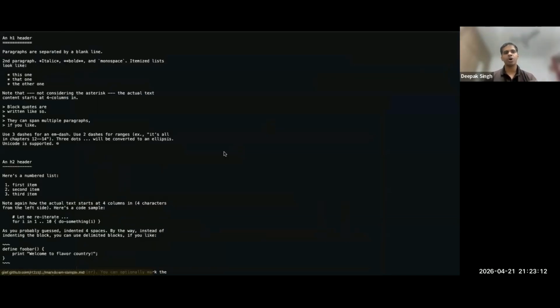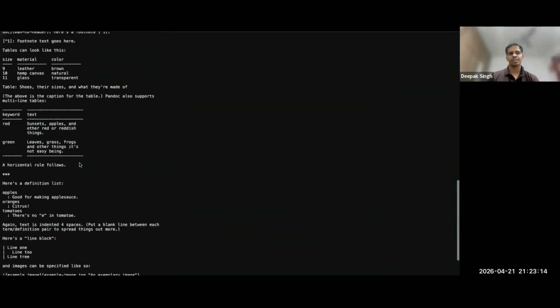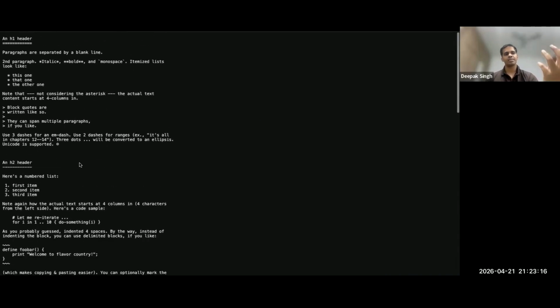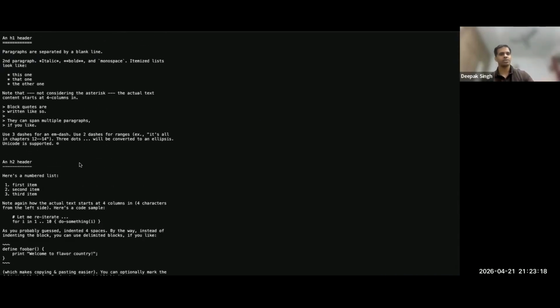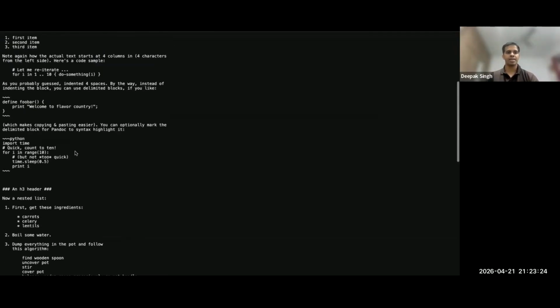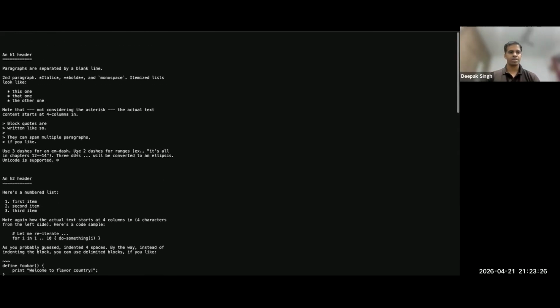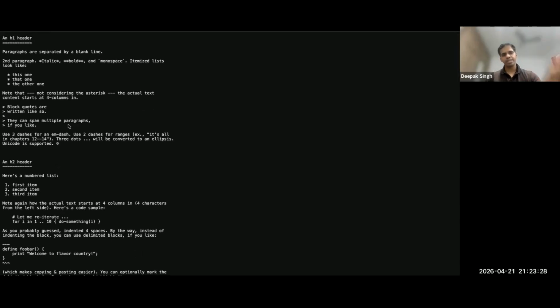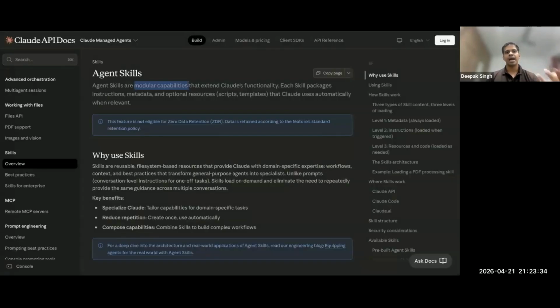But if you look at the raw file, it will look something like this. This is closer to code than it is to readability, but you can always convert it into HTML. But this is basically in very, very natural language. What you're trying to do is you're storing your prompt, and then that prompt is extending the capability of the basic Claude model.